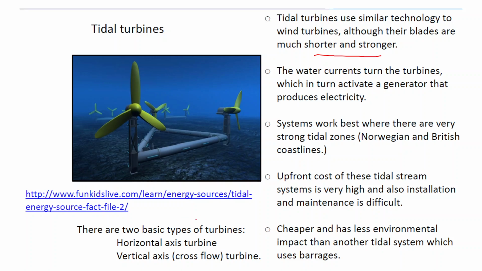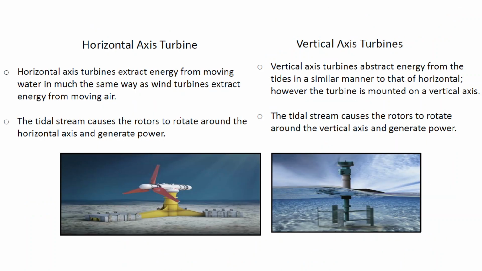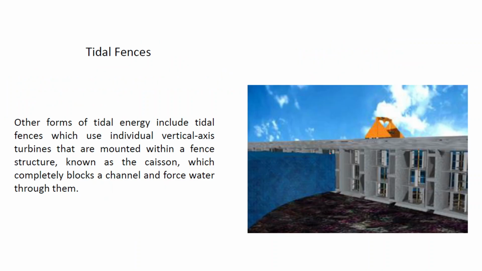Here also there are two types of turbines, horizontal axis turbines and vertical axis turbines. As we can see, this is the horizontal axis turbine and this is the vertical axis turbine. We have discussed these turbines in detail during wind energy, so we will not discuss them in much detail here.